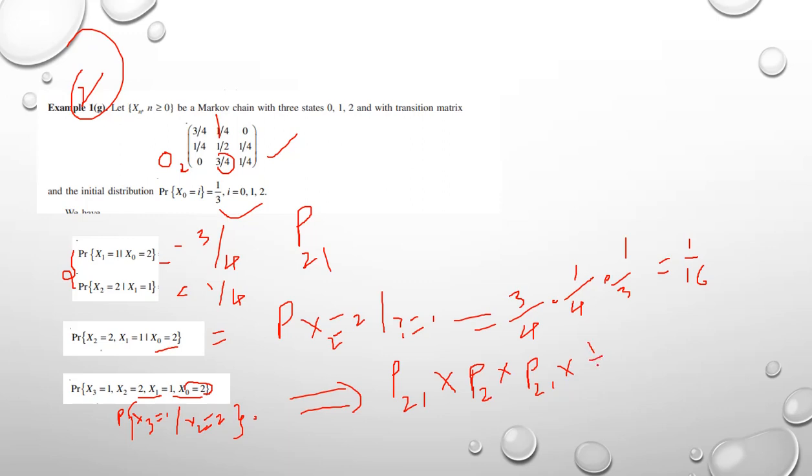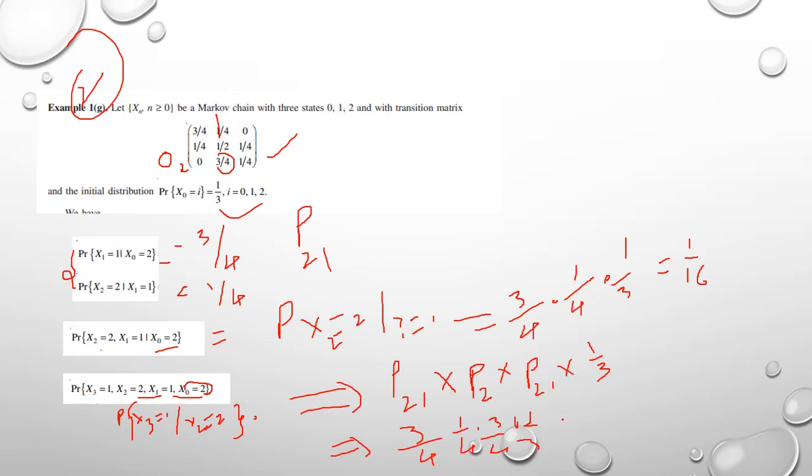Here we have 1 by 3 as the initial distribution, so you can just substitute the values. Probability of 2 1 is 3 by 4, 1 2 is 1 by 4, and again 3 by 4 and 1 by 3.